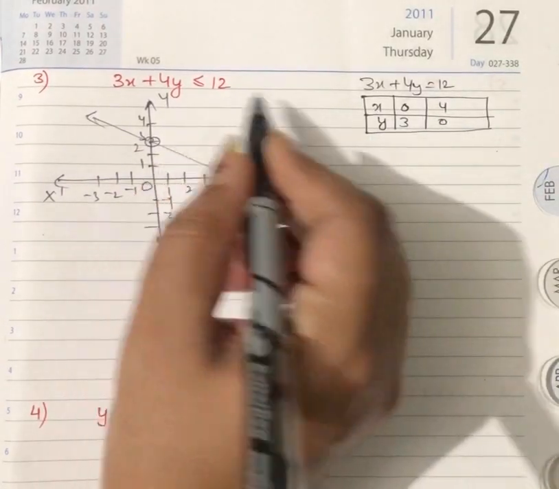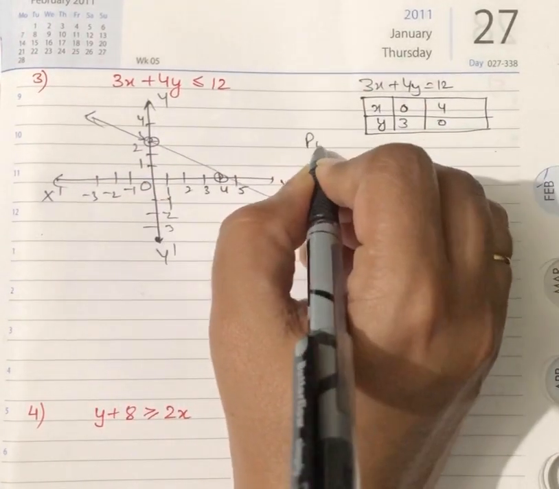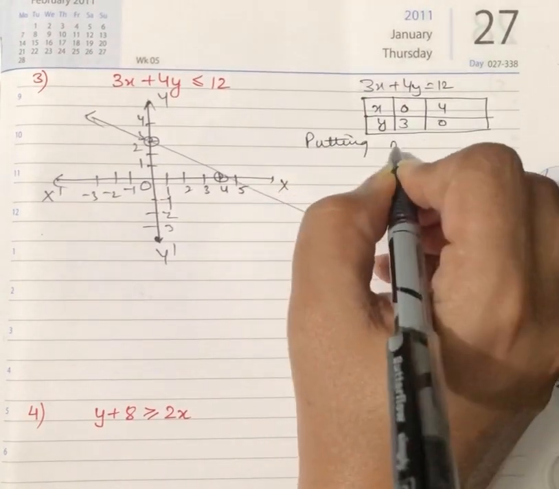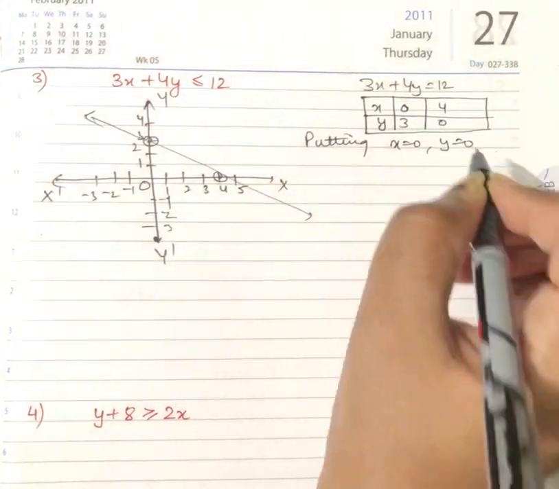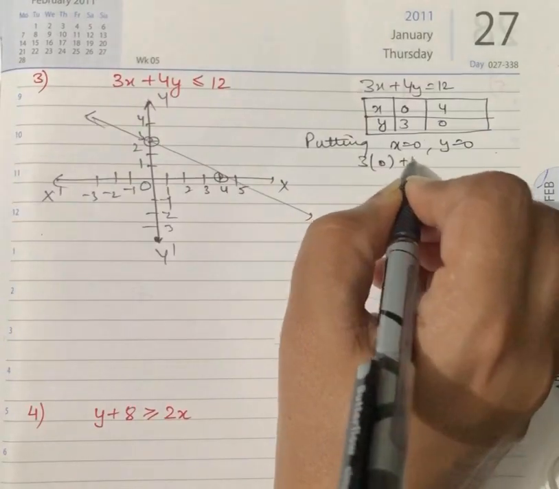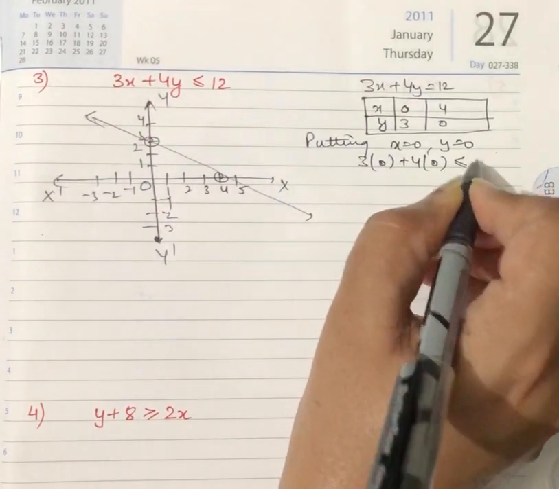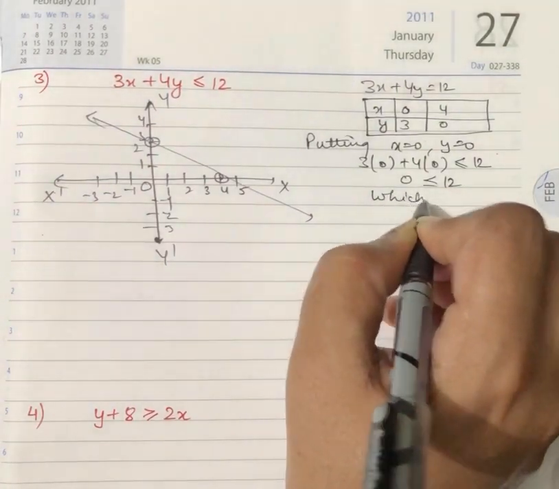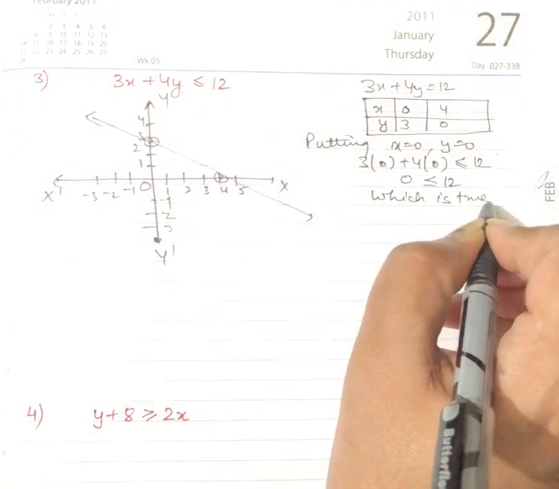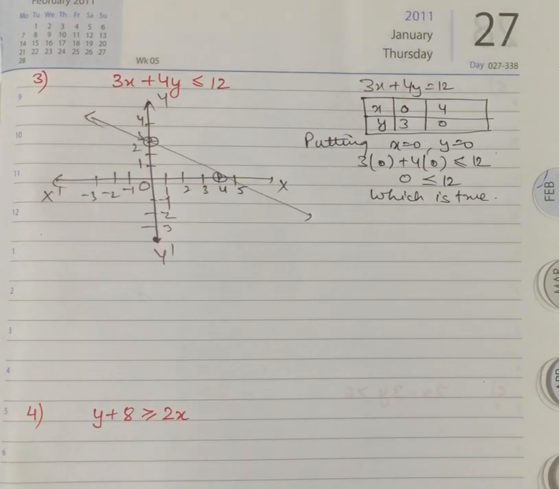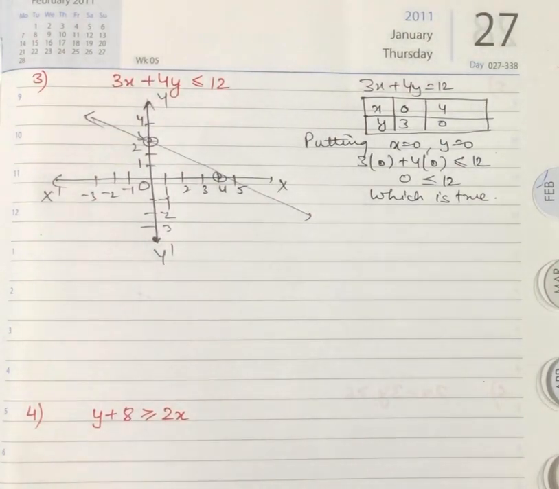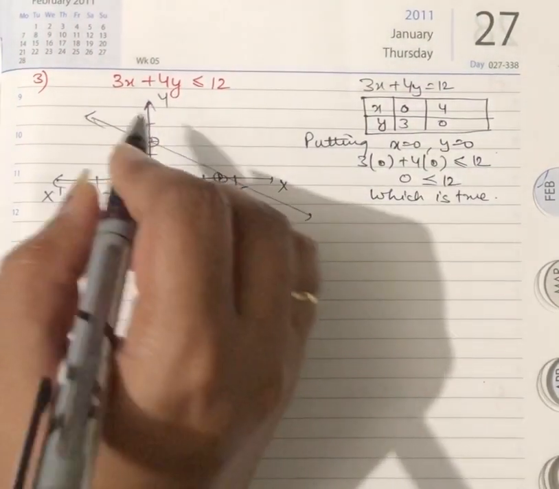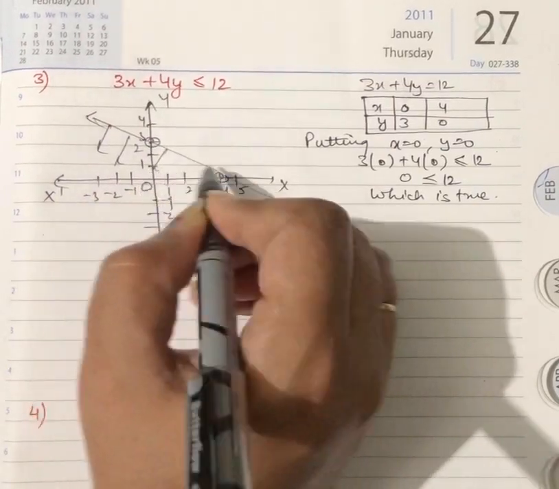Now again there are two regions. So putting x equal to 0, y equal to 0, 3 into 0 plus 4 into 0 less than or equal to 12, that is 0 less than or equal to 12, which is true because 0 is less than 12. So this inequality is satisfied. So the shaded region will be towards origin.